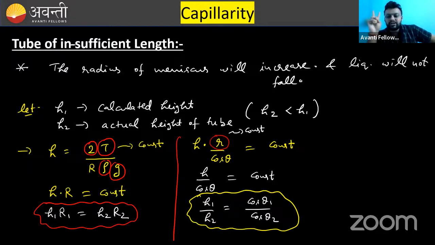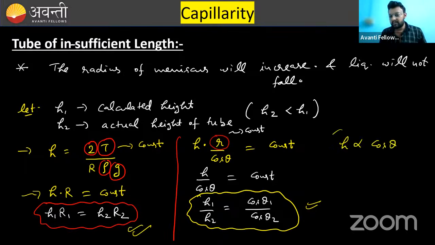So only two things change: angle of contact and radius of meniscus. For all these calculations, remember H into R as a constant, and H is proportional to cos theta. Remember either of the relations or both.